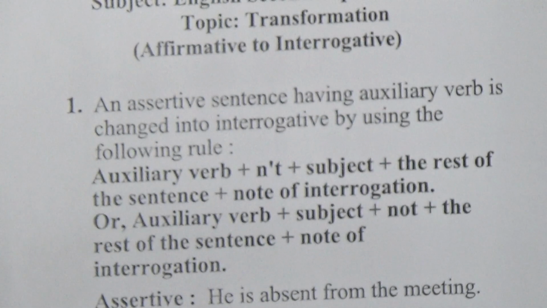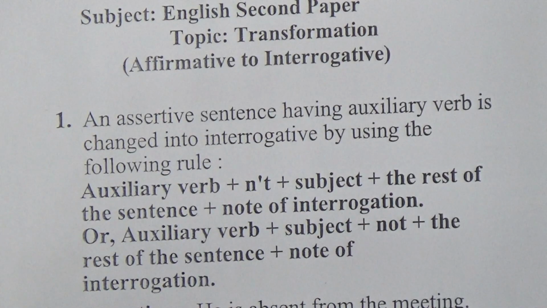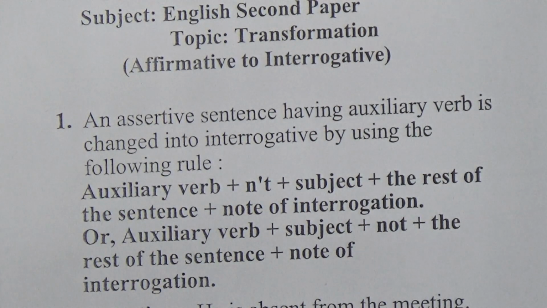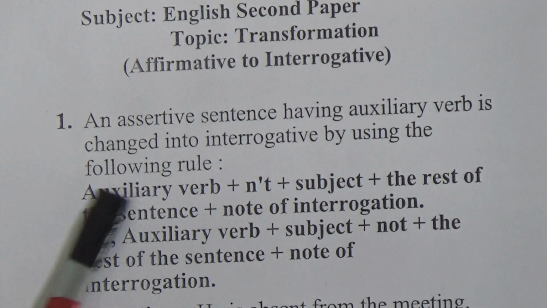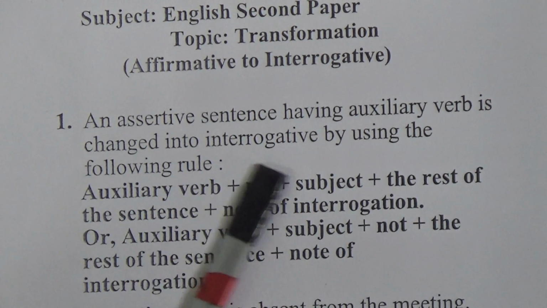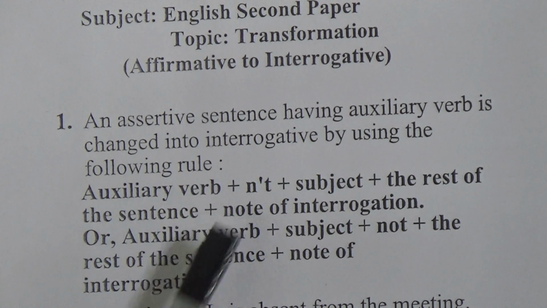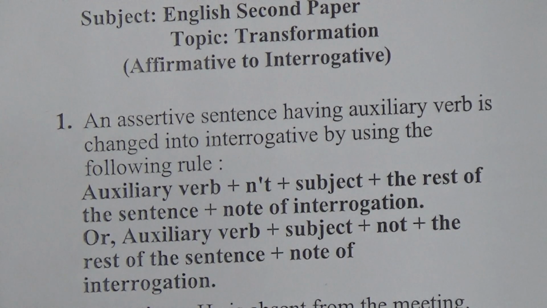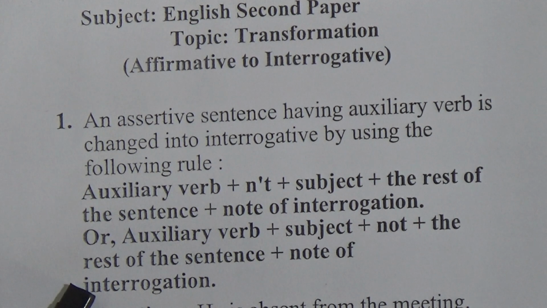Class 6, English second paper, and our topic is transformation, assertive to interrogative. Rule number 1: an assertive sentence having an auxiliary verb is changed into interrogative by using the following rule. So if you find an auxiliary verb in the assertive sentence, how will you change it to an interrogative sentence? There is a structure we will follow.